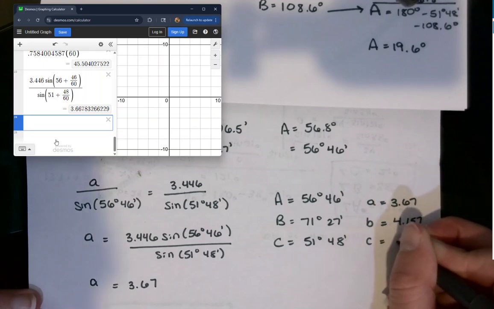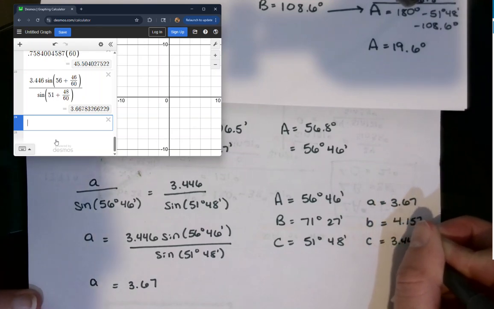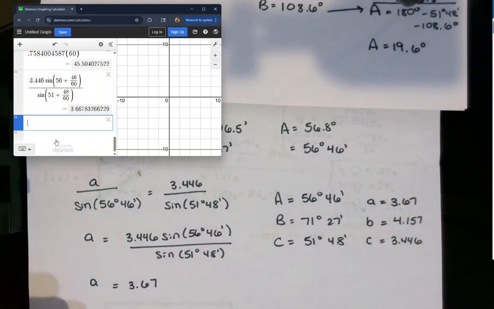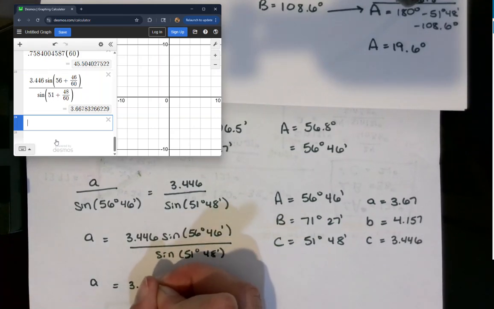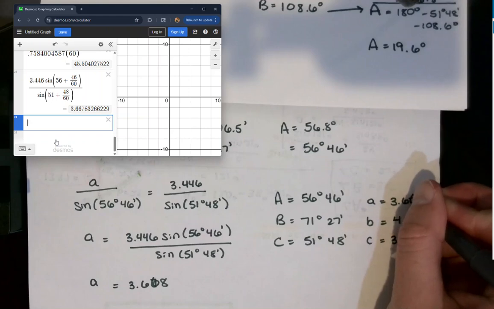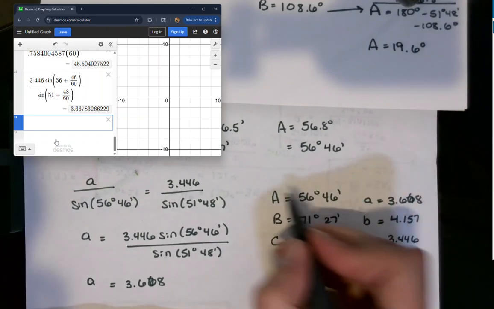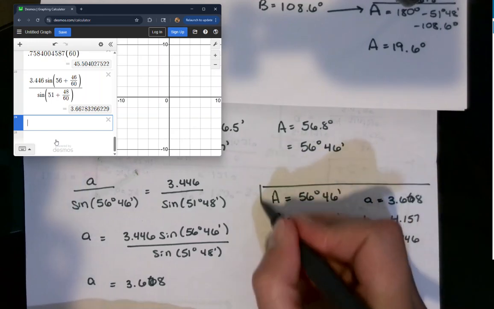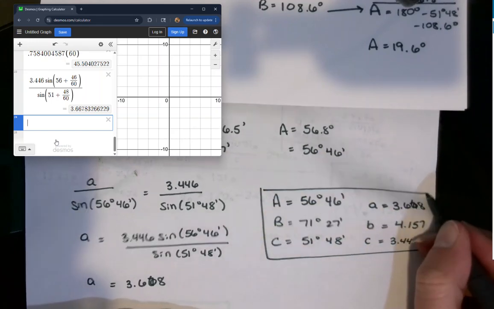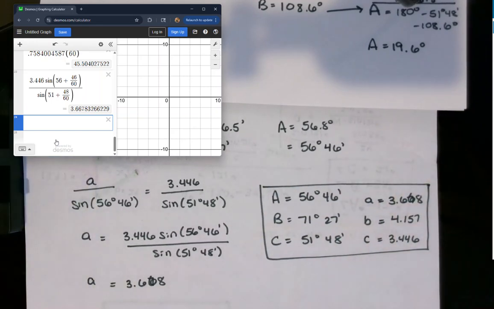And side C is 3.446. So if it's not too late, we can see that this would have been 668. So 668 if we want 3 places because we had 3 places on the other sides. Okay, we have one possible solution. Let's check it out. Biggest angle, biggest side, smallest angle, smallest side. That sounds good so far.